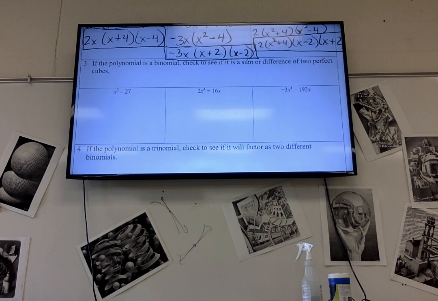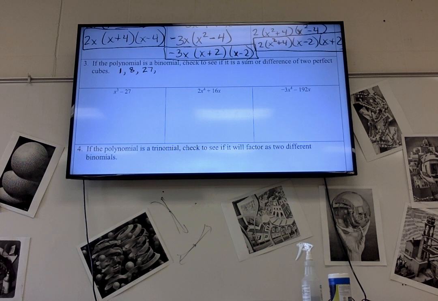Cubes are numbers that you can multiply by themselves, 3 times. So like 1 is a perfect cube. What's another perfect cube? 8. 27.